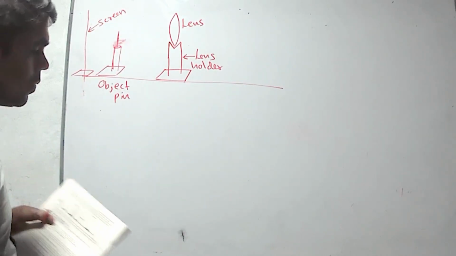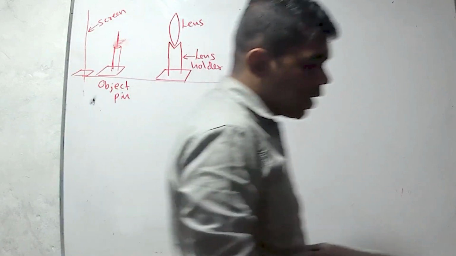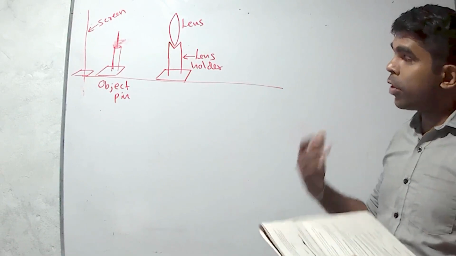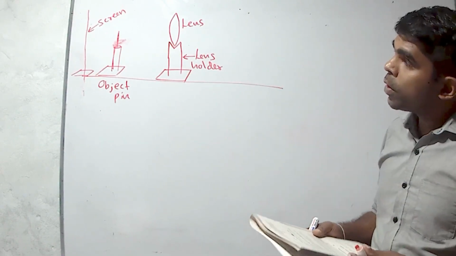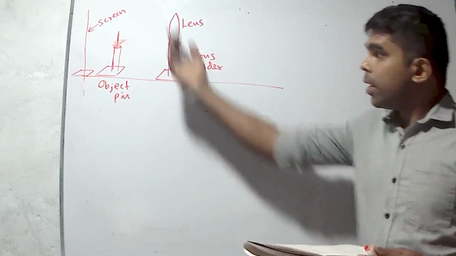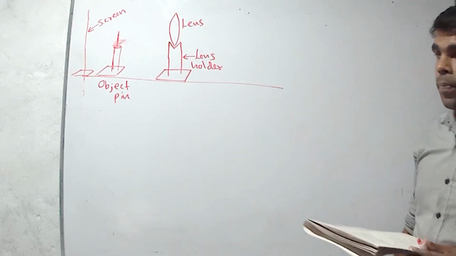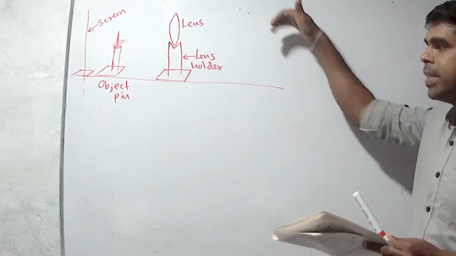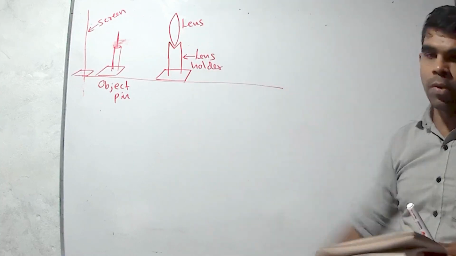The screen is not used to get the equation. It is not used to get the image. It is used as a barrier to identify the image and object from surrounding objects.